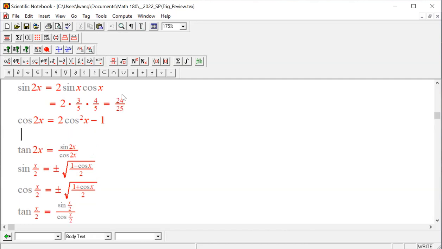And the second one, we just plug in the numbers. We have 2 times cosine x squared.